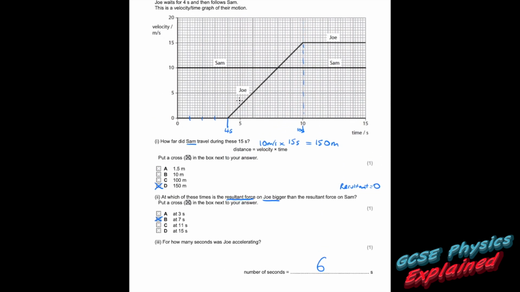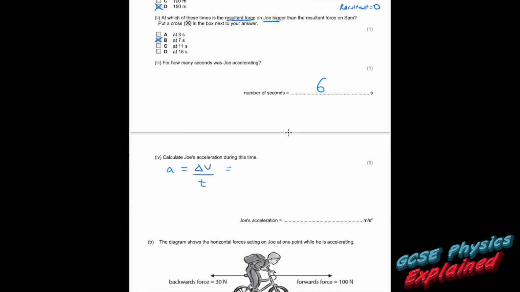Joe's velocity went from 0 up to 15. So he's changed by 15, and it took 6 seconds to do that. So it changed by 15 meters per second, and it took 6 seconds to do that.